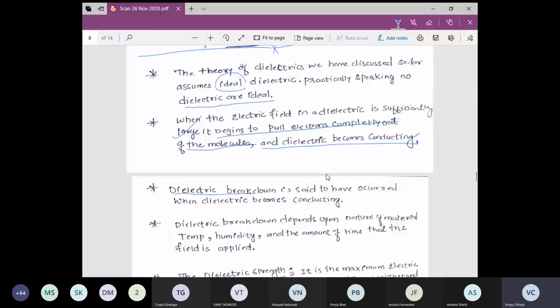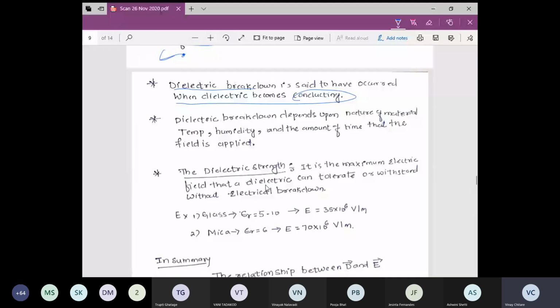Dielectric breakdown is said to have occurred when the dielectric becomes conductive. If you apply a very strong electric field, these bound charges are pulled out and start conducting. For a given material we also specify the dielectric strength, the maximum electric field that a dielectric can tolerate or withstand without electric breakdown.